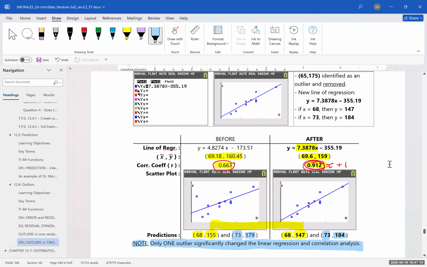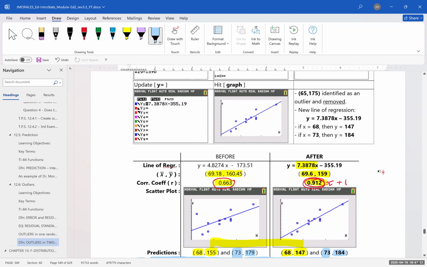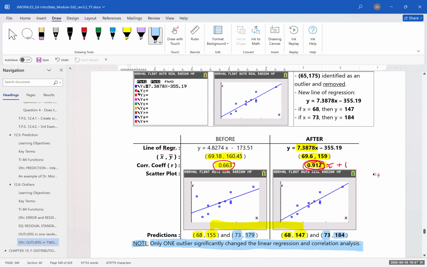Now you're already learning to do a lot with linear regression and correlation. Originally I put this at the very end of chapter 12 because you're already learning a lot. But typically you would do this outlier detection first, at the very beginning, because it affects everything else that follows later. I thought that for right now, you being introduction to statistics students, it would be best to save this until the end.